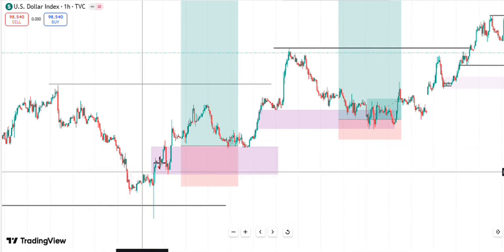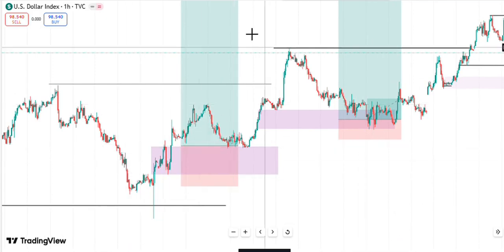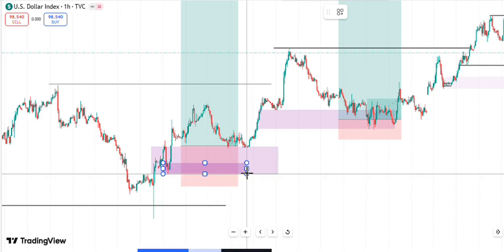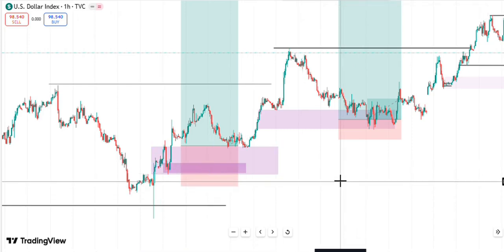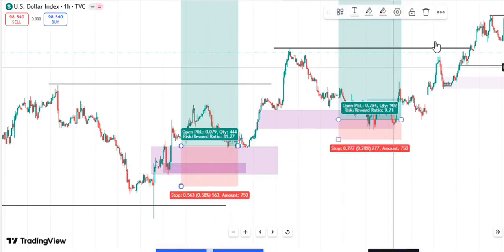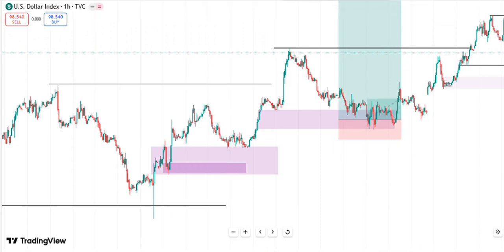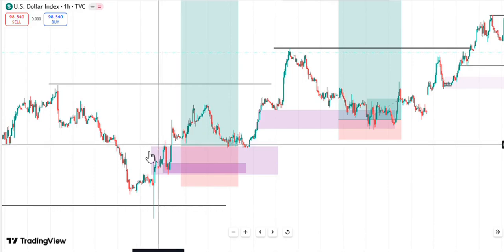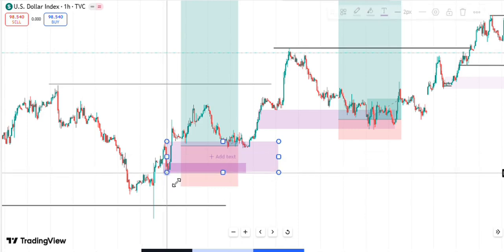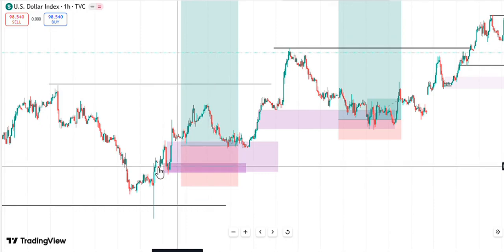Most people will just take this place as the order block, which is quite untrue. This is what we call the order block: this whole block from this high to this low. So just take note of that.